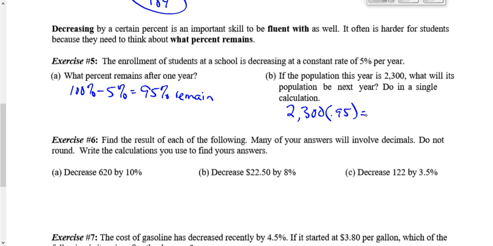What do you got? Say it. 1,185. Well, that's a little bit less than 2,300. Seems about 95% of it, right? Yeah, but I've been wrong with it. Well, that's okay. So 2,185 is what's left. Okay?